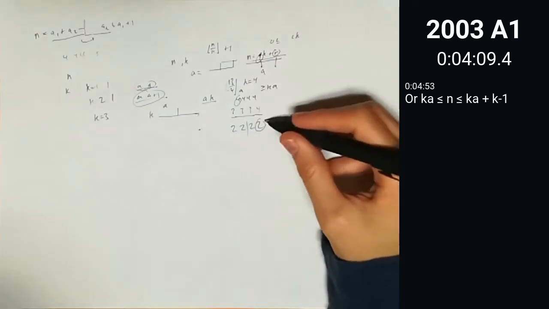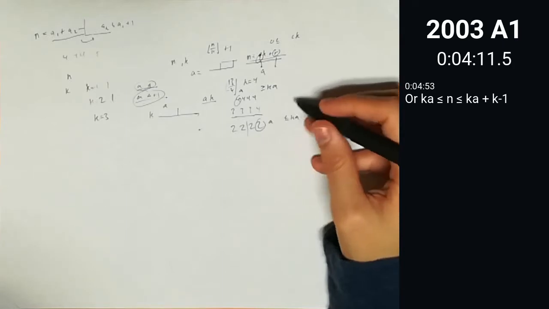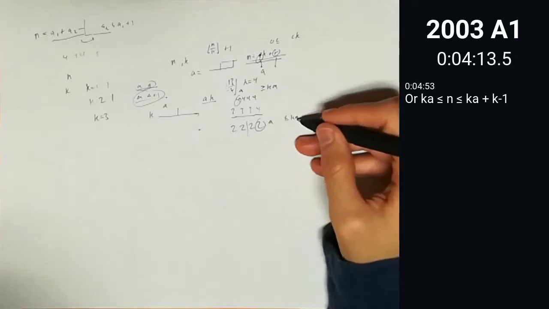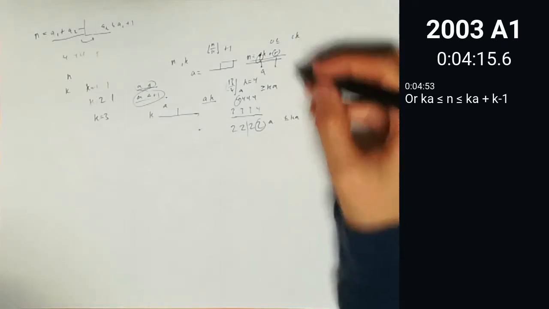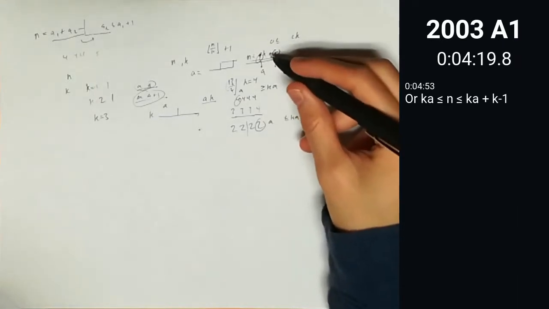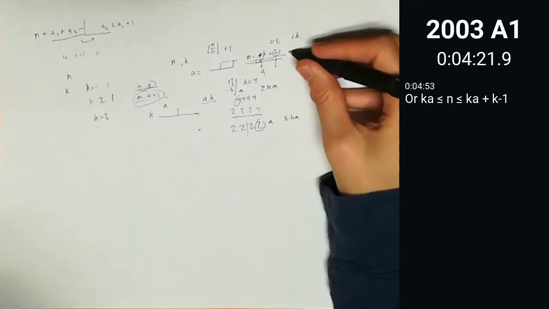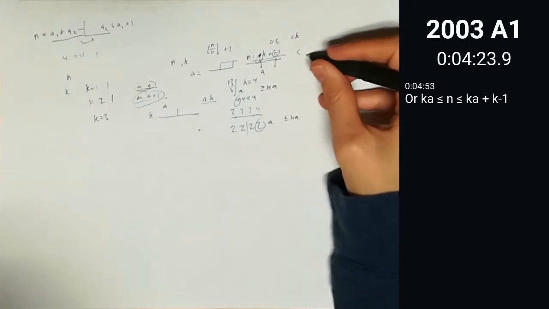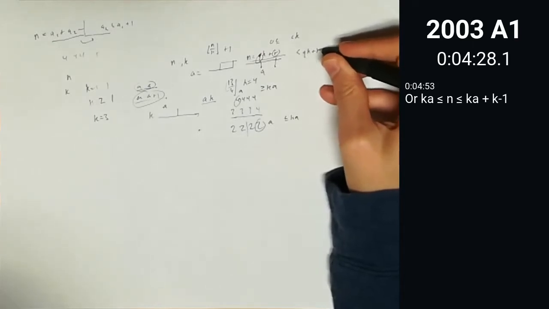So I'm fairly sure this is right, I just want to confirm. If a is strictly less than q, then this would be strictly less than qk plus k.